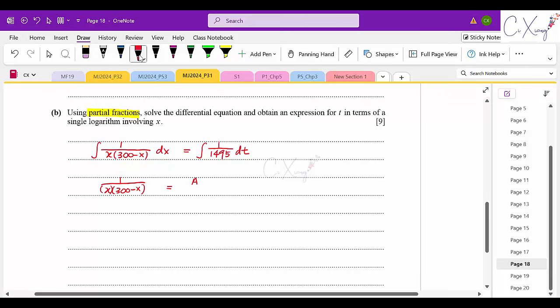Therefore, when I separate it, you will have a over x plus b over 300 minus x. Right? And after that, I multiply the whole equation with the original denominator. So I have 1 equals a, then multiplied by 300 minus x, then b multiplied by x.